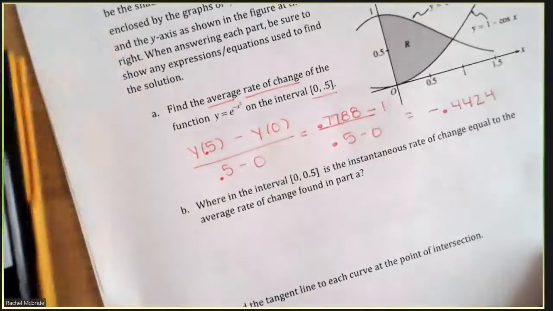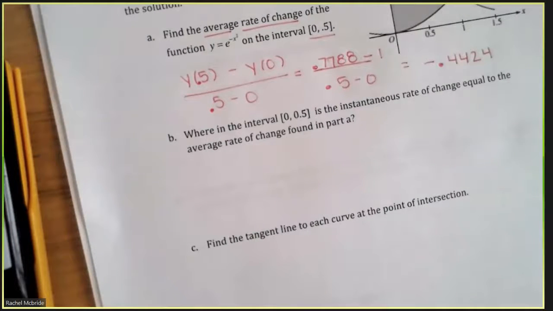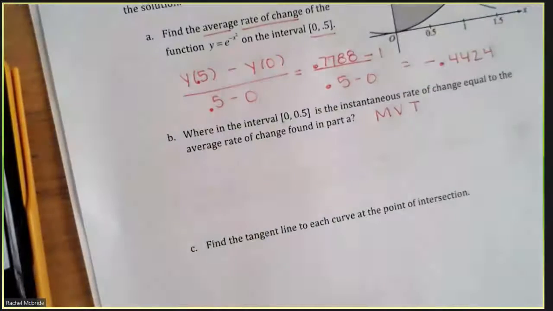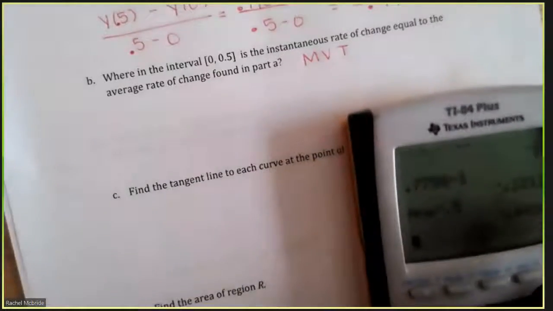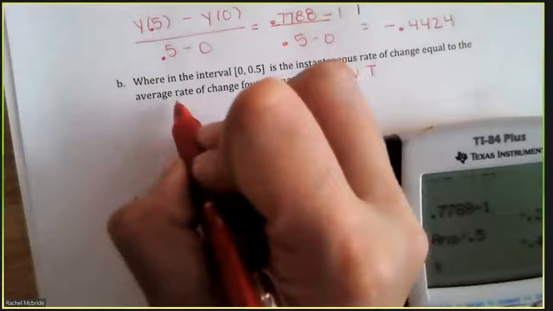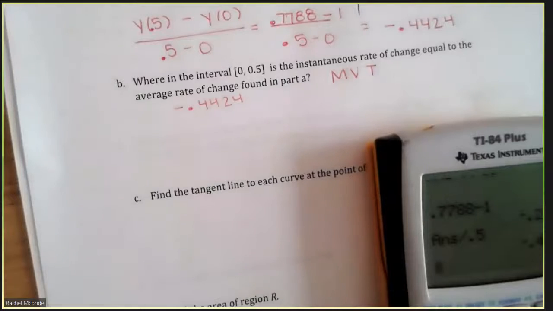Then it says, where in the interval is the instantaneous rate of change equal to the average rate of change? Okay, guys, instantaneous equals average, MVT. Instantaneous equals average is MVT. So the easiest thing for you to do, if this is a calculator question, the average rate of change we just found, it's negative 0.4424, and we want to know when the instantaneous rate of change is equal to that.